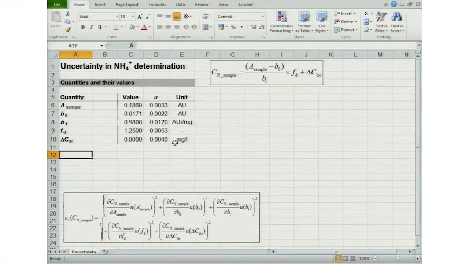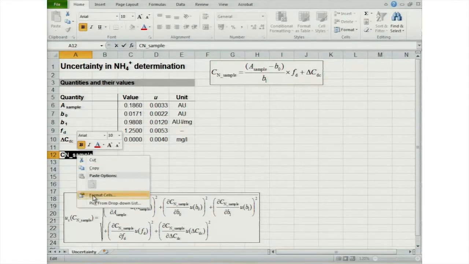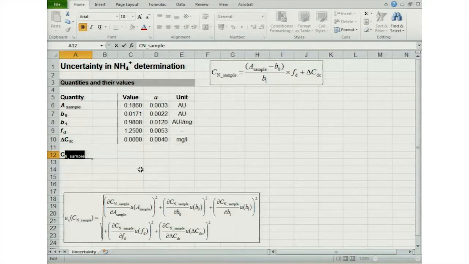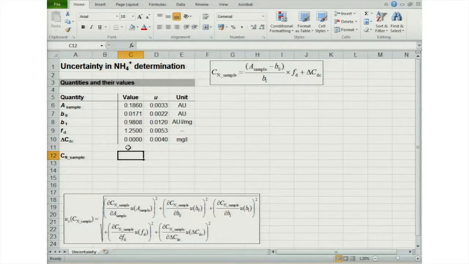But before we can move to the Kragten matrix, we have to calculate the value of the output quantity, the value of the result, so we calculate this Cn sample value according to the model equation that we have.